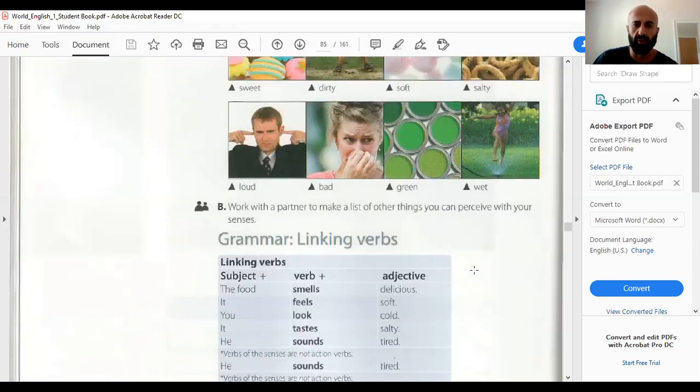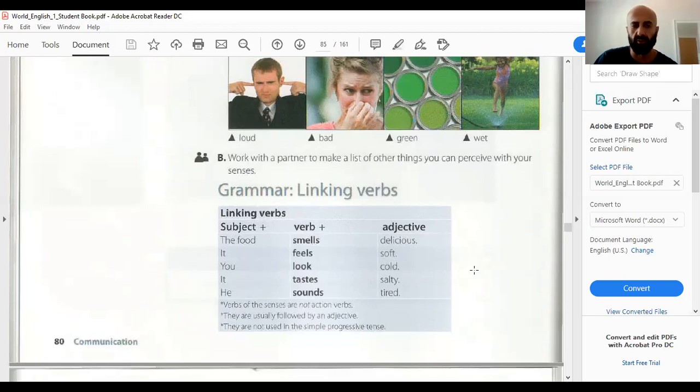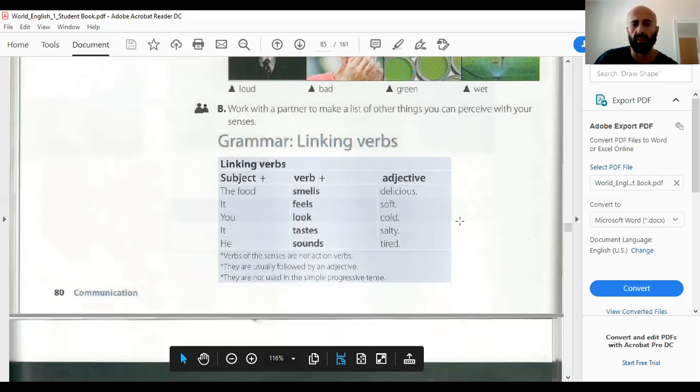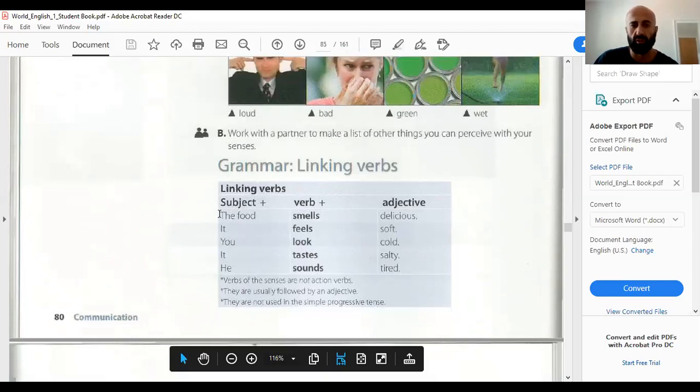Usually you use them in simple present or simple past. So for example, the food smells delicious. The food is singular, and it's simple present tense, smells delicious.